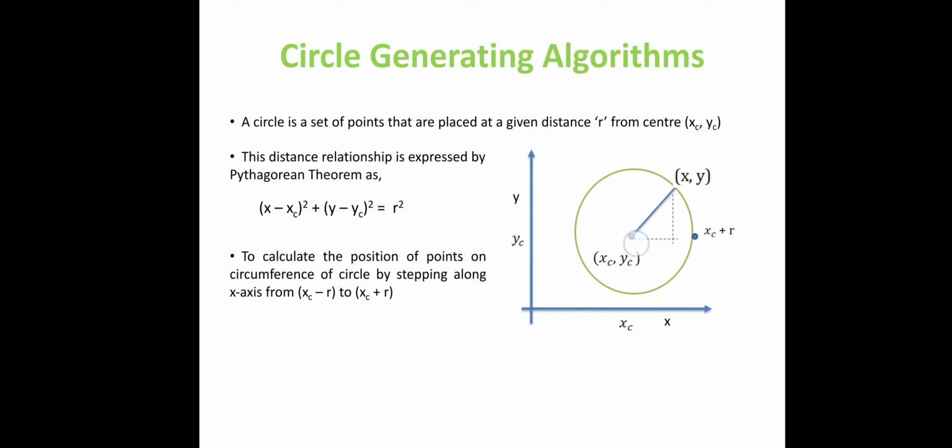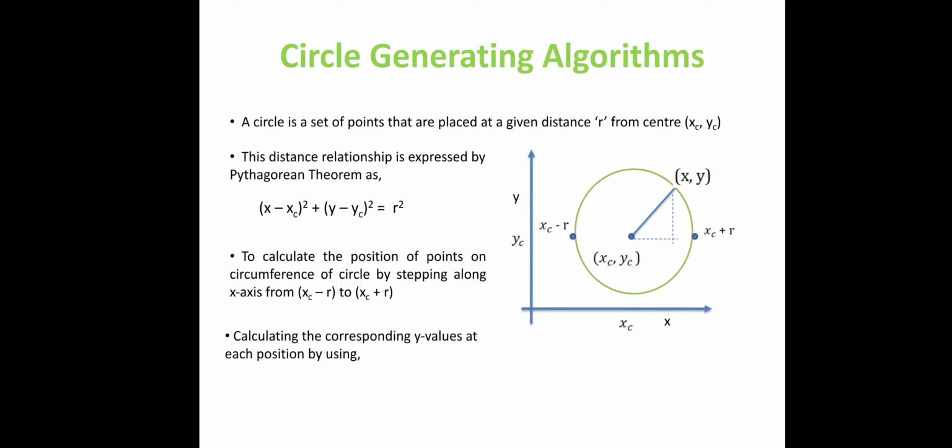This is xc, and this distance is r. Therefore this point has the value xc plus r. In the same way this point has the value xc minus r. So at this point the value of x is xc, and you are moving x in the direction of x by a distance r. So these are 2 points.